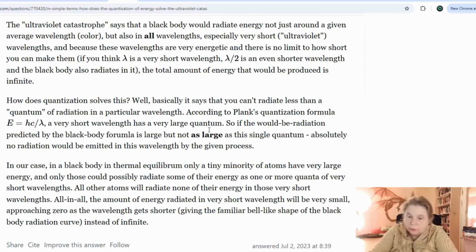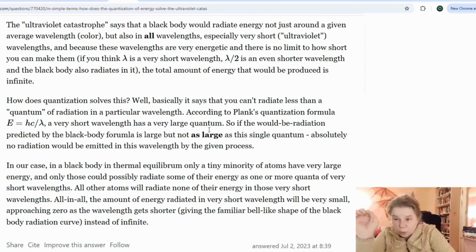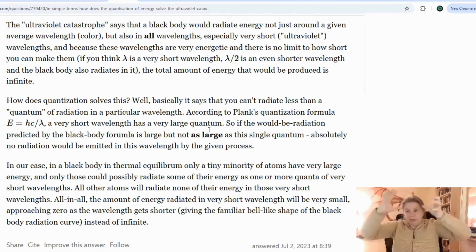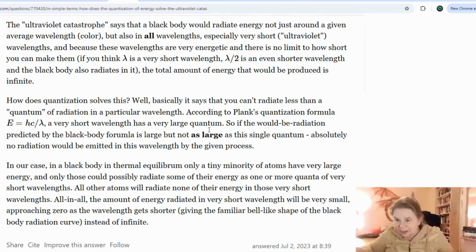So if the would-be radiation predicted by the black body formula is large, but not as large as this single quantum, no radiation would be emitted by that process, because it's not as big as a single quantum of energy. And as you go down in wavelength, up in frequency, the energy packets get bigger and bigger and bigger and bigger. And if you haven't got a whole one, you get nothing. Can you see that that is solving the problem?